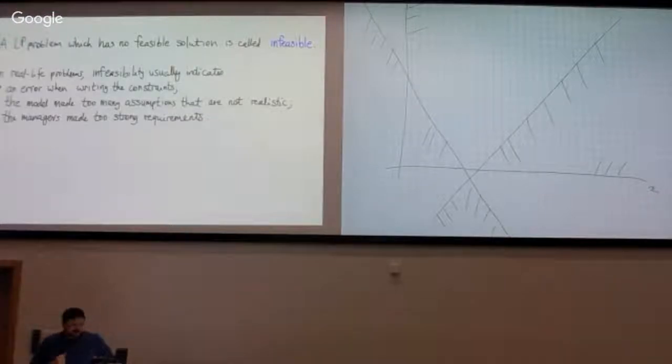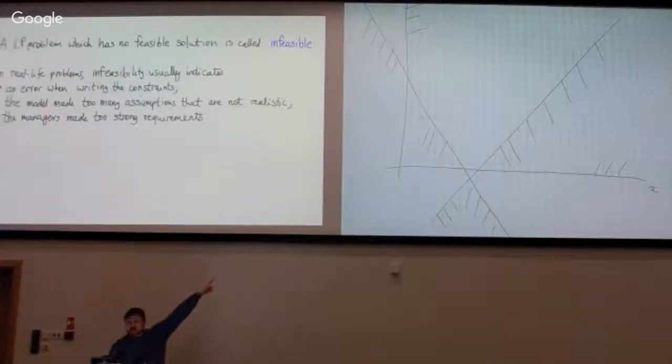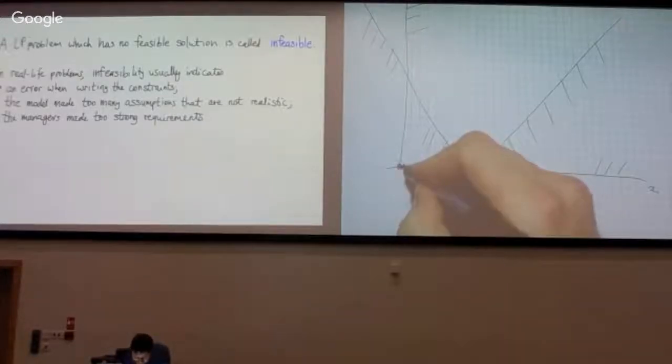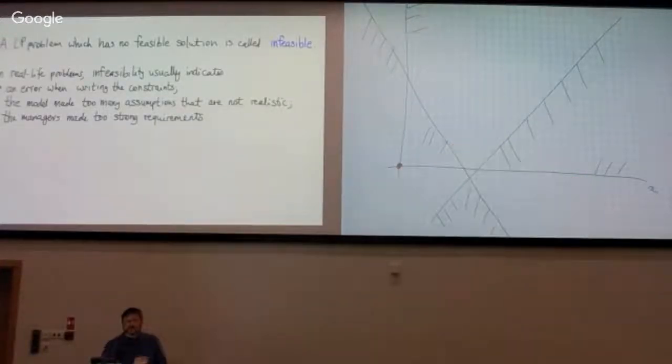Okay, do you remember the geometry of the simplex method? We had a picture like this, and we said that we're starting in this corner down here. And then we were moving along edges of the feasible region. What we wanted was that this corner here was a basic feasible solution.